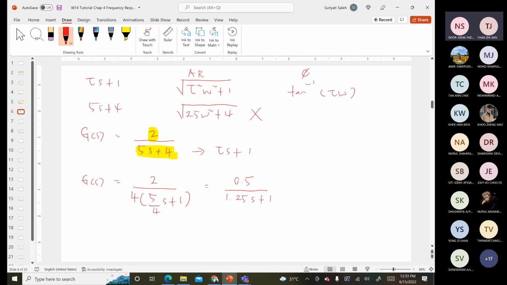So if you encounter tau s plus 2 or plus 3, you need to convert it to become tau s plus 1. Once you have the plus 1 like this, then you can use the default transformation of amplitude ratio and phase angle. So this is the way.